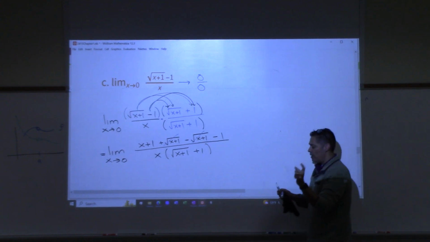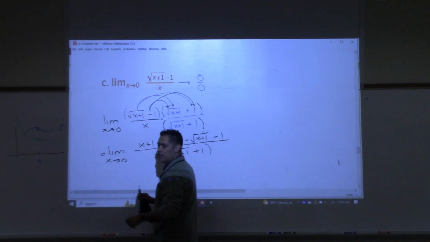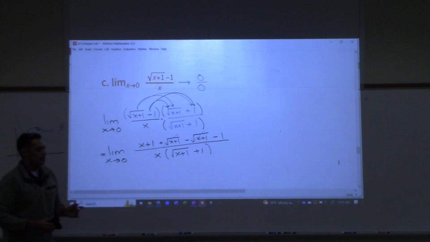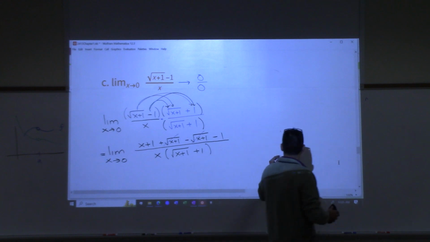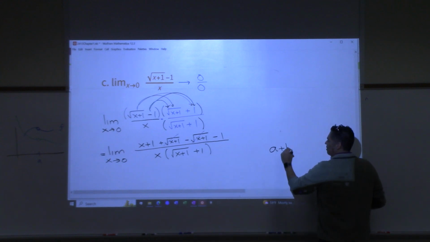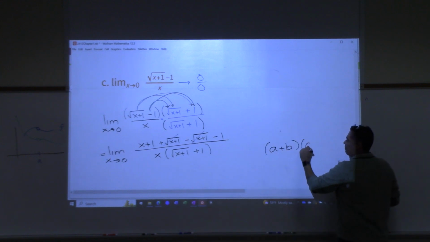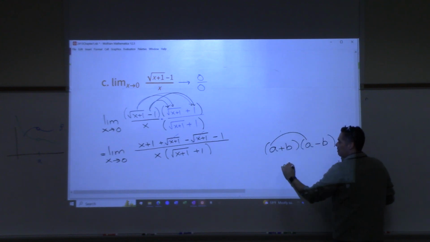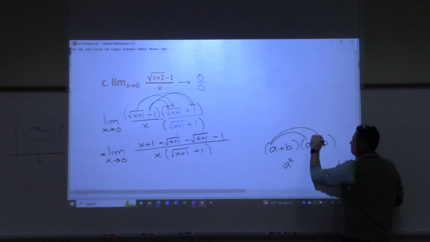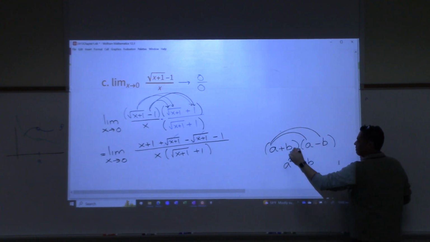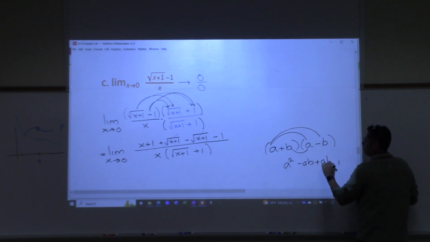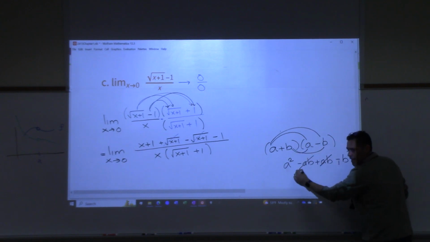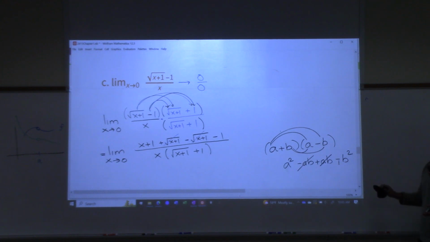Every time you take something and multiply it by its conjugate, the middle terms cancel. Every time, right?